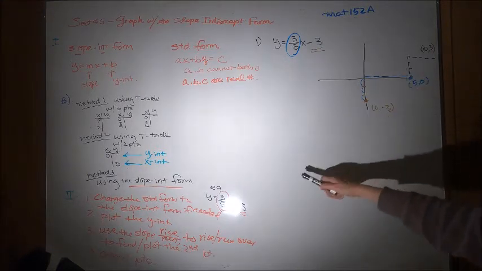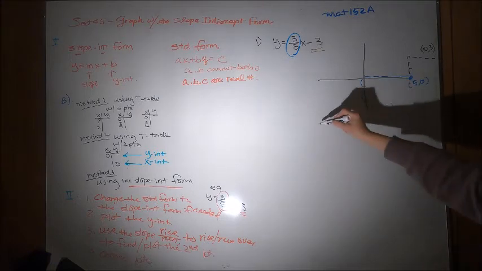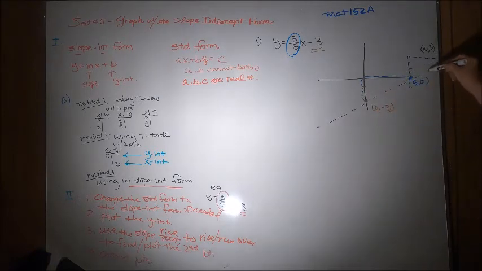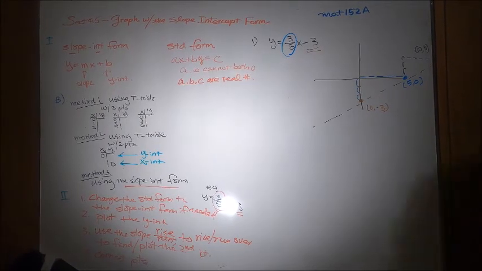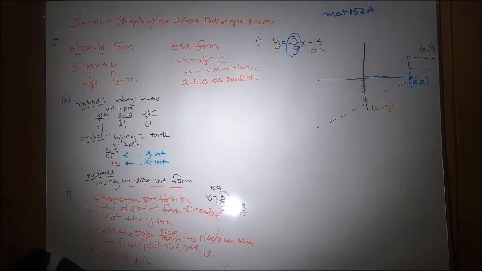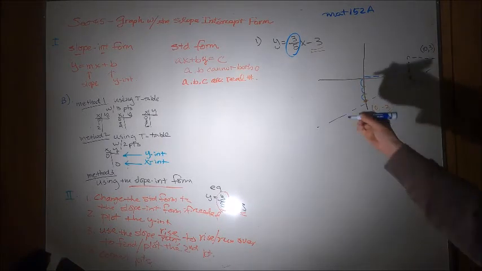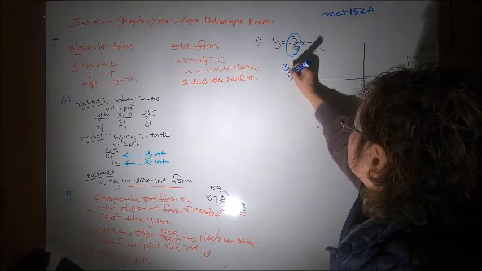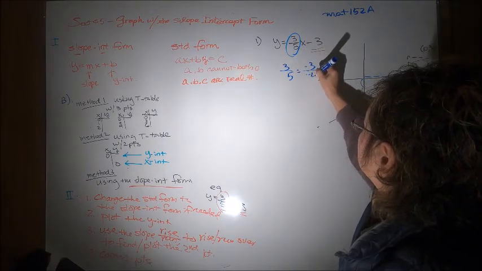If you go this way, because the line can go that way, can go another way, right? So if we go to the left, how will it look like? So same thing for the 3/5, it's the same thing as a -3 over -5.